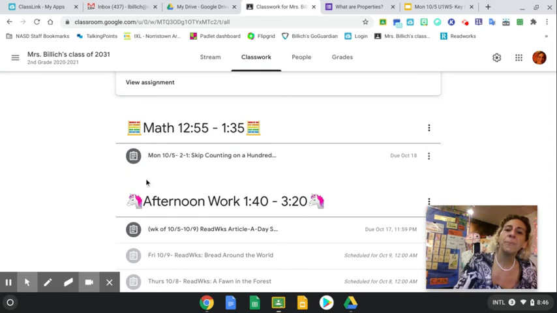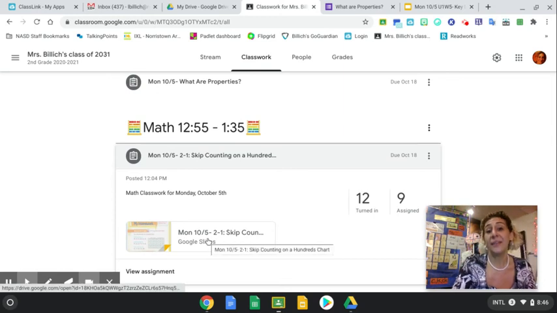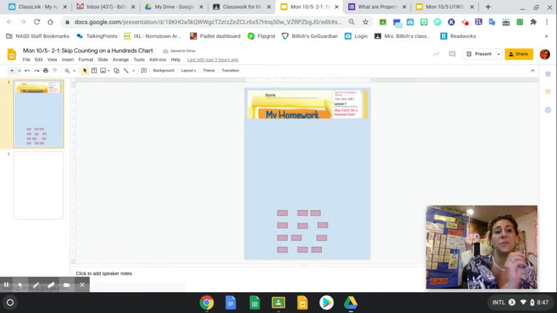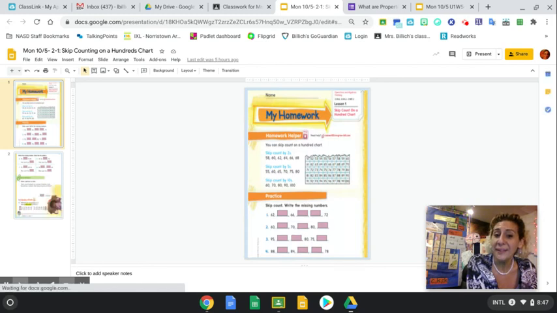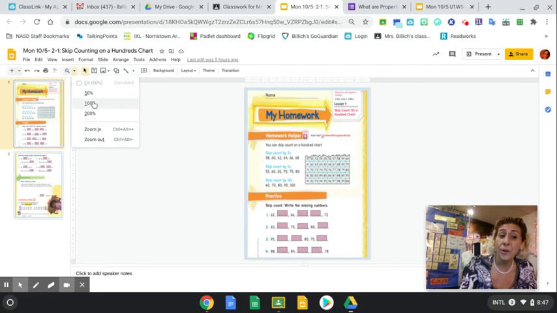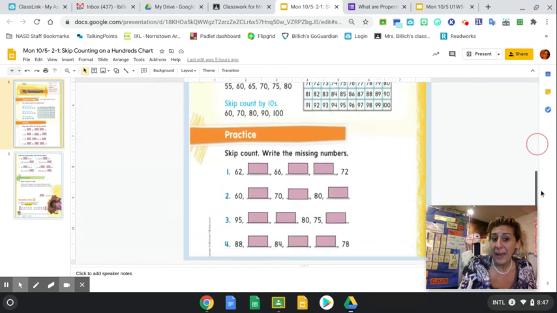So after that, we did some work in the workbook, and then they did the homework pages, which I put onto these 2 slides. So they were supposed to fill in these boxes, which basically was skip counting and then filling in the missing numbers, either by looking back at the hundreds chart or just by noticing the pattern and seeing if it was skip counting by twos, by tens, or by fives.